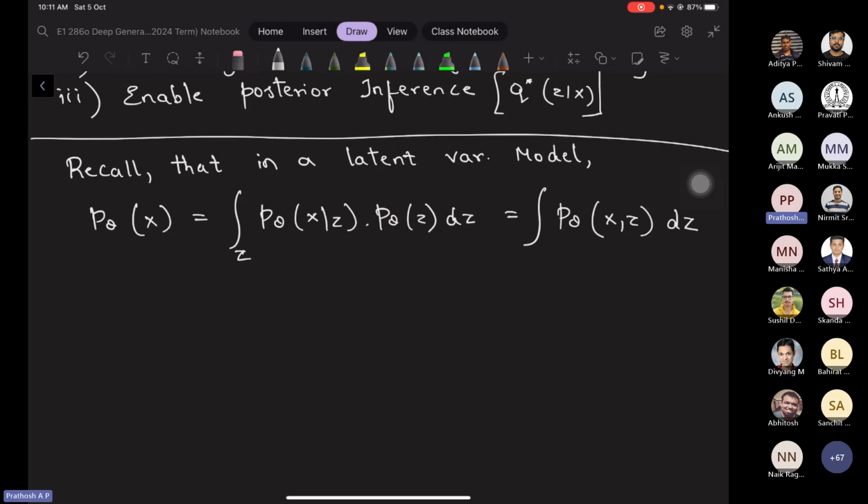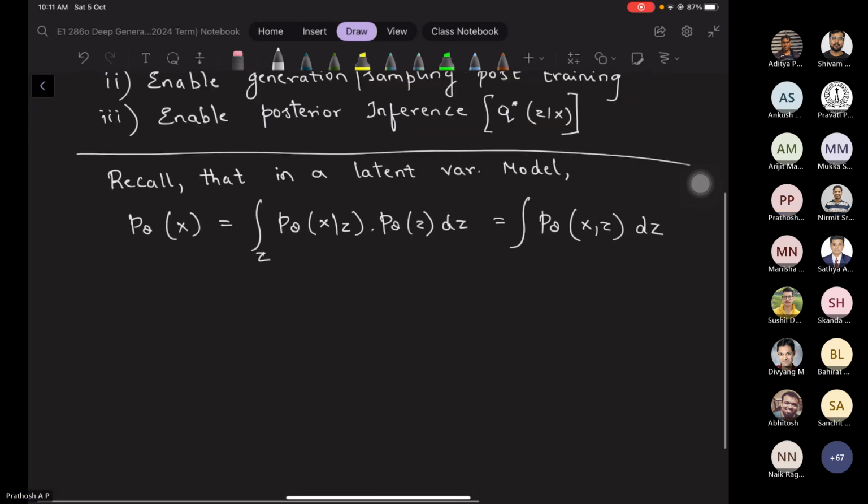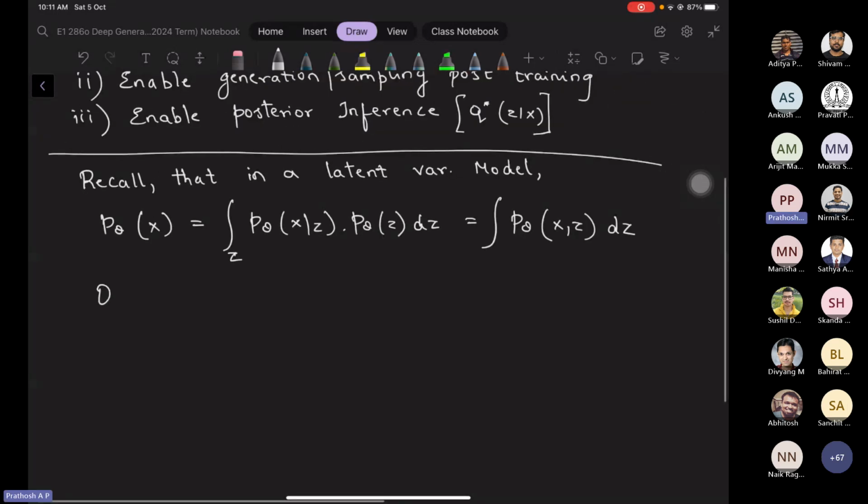Now the goal is to learn theta star that would maximize the log of the likelihood.